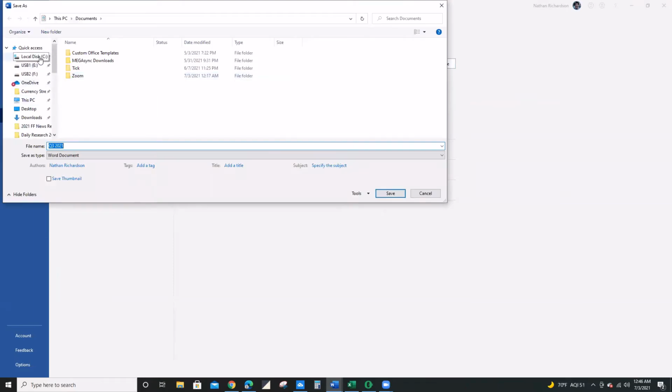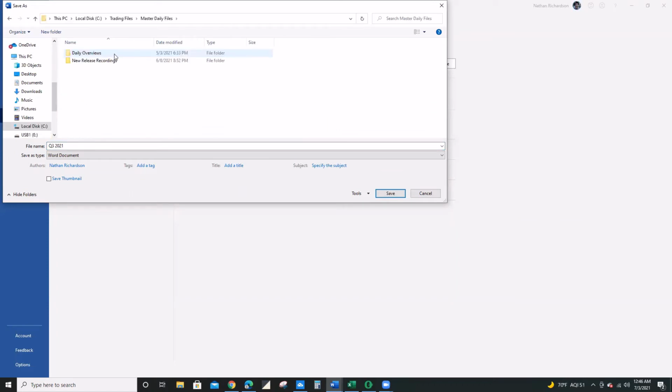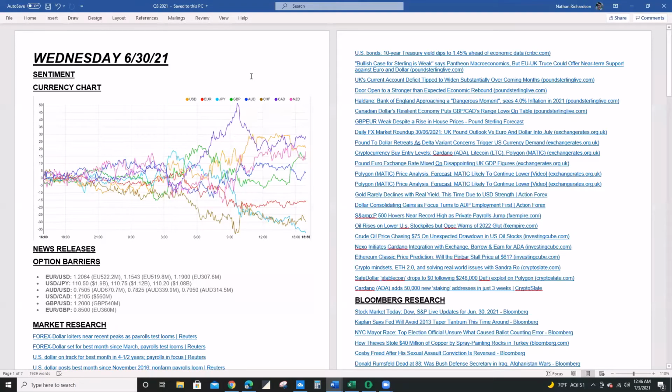I'm super paranoid about how I save mine. I save mine on my local disk, USB 1, USB 2, and my OneDrive. I'll just save it on my C drive for now because I'm going to leave it open. Daily overviews, daily research, Q3, because I've got Q1 and Q2 up there.